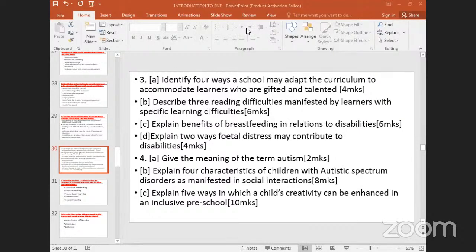So in as much as we are talking about breastfeeding, there is a connection between the mother and the child. How is the child bonding with the mother? And how is it related to disability? We are relating it to disability where you have given birth to a child who has a disability, but as a mother, as the child is growing, the child is able to bond with the mother well.